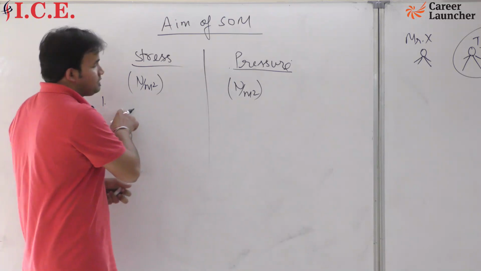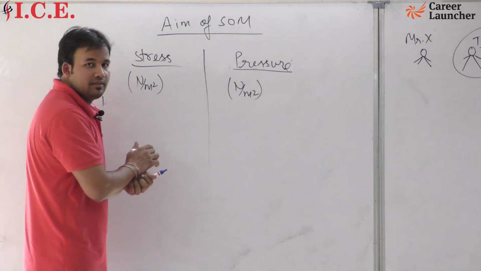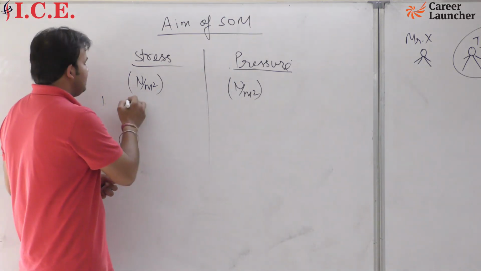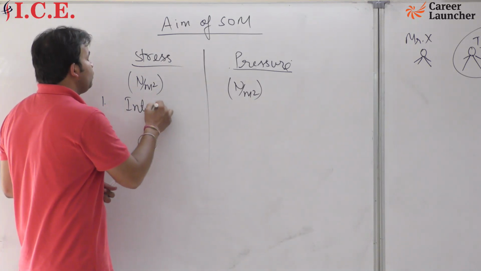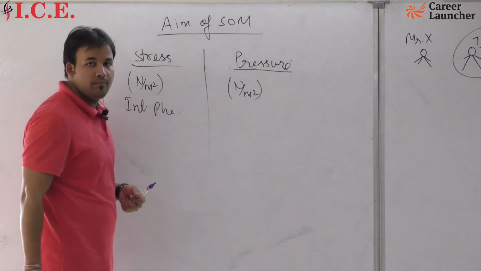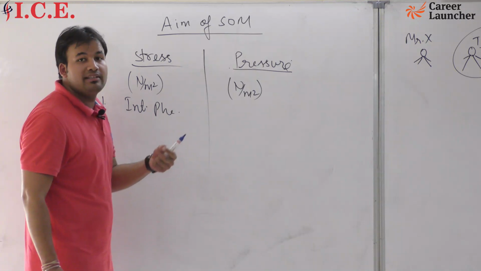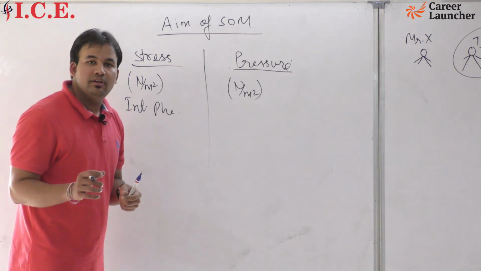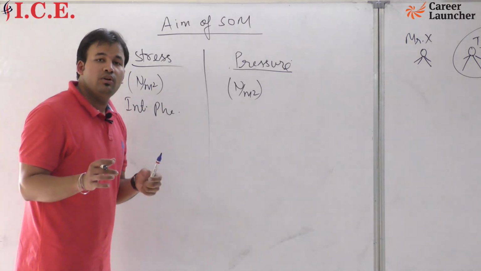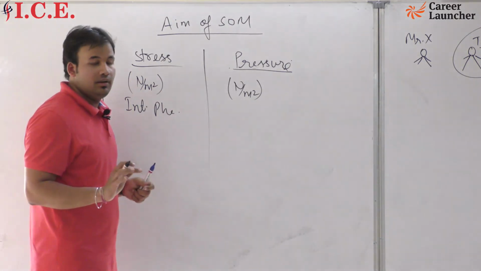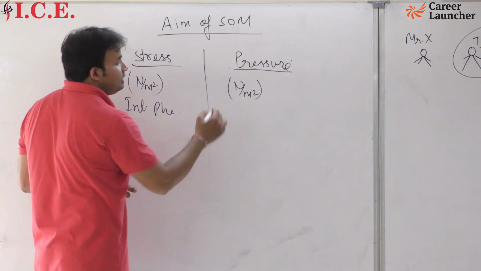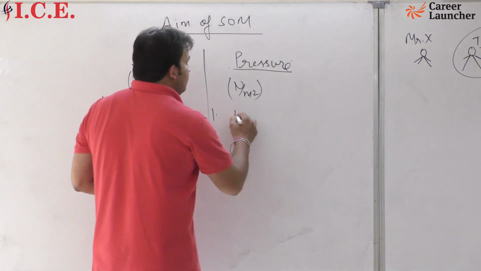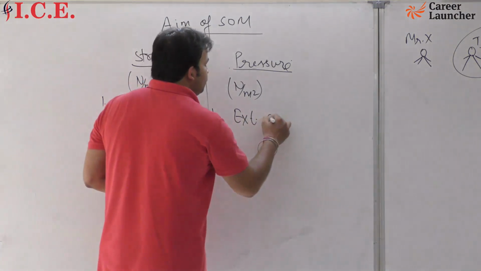So here the first one is, stress is an internal phenomenon. Why? Because we have already discussed that here internal resisting force or internal resisting load is acting. But if we talk about pressure, then you will say that pressure is an external phenomenon.